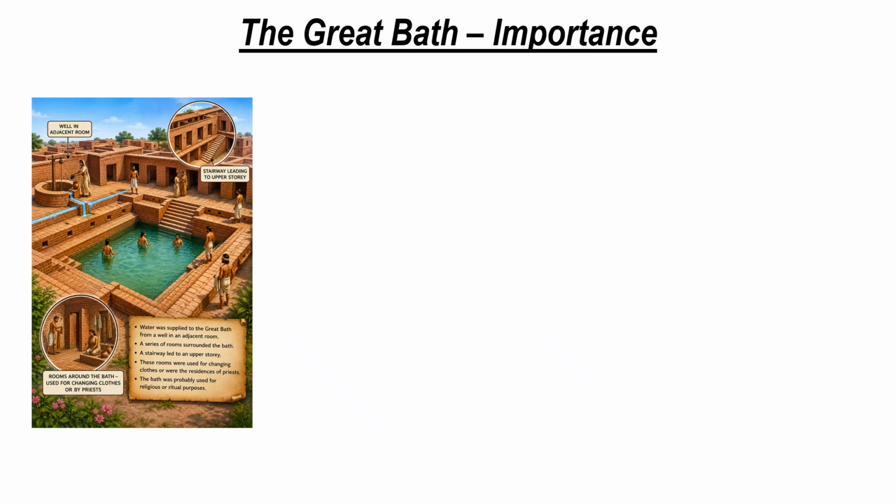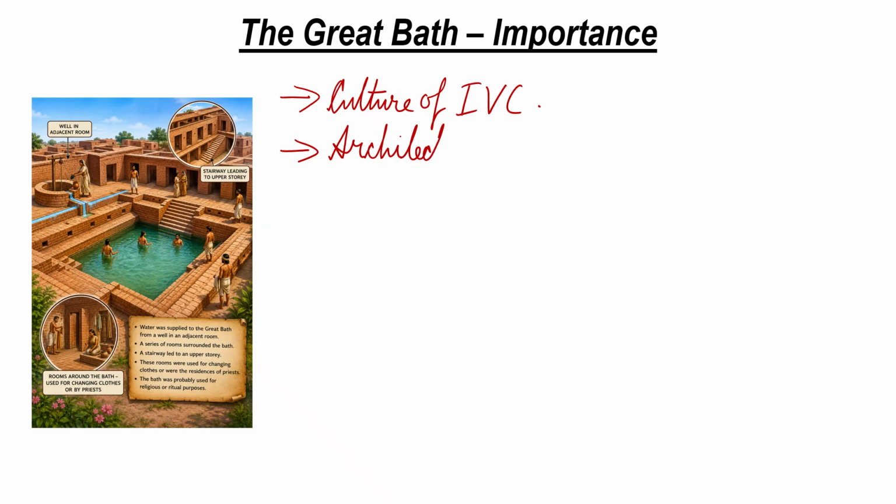Now we will go to the importance of the Great Bath. So it throws light on the culture of the Indus Valley Civilization, and also along with that we get architectural planning.